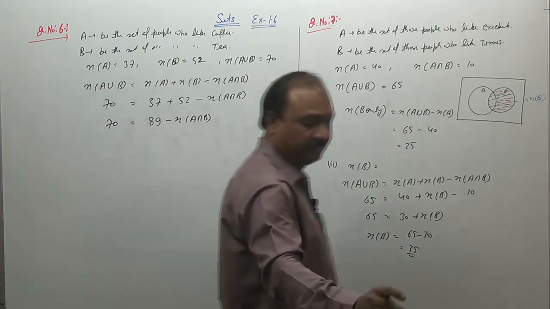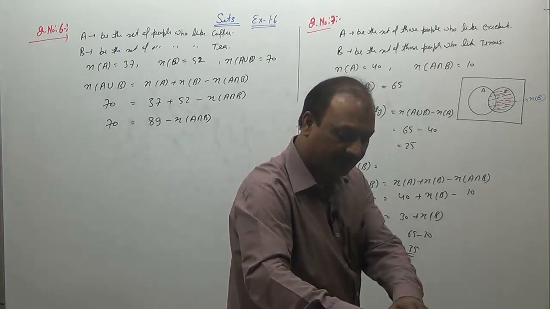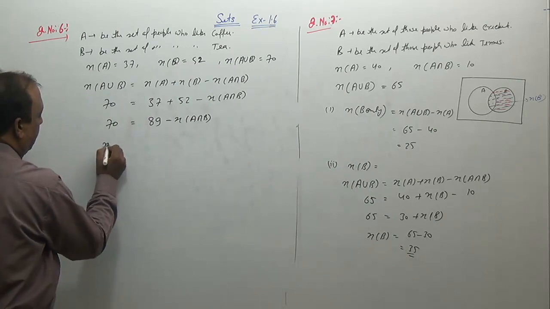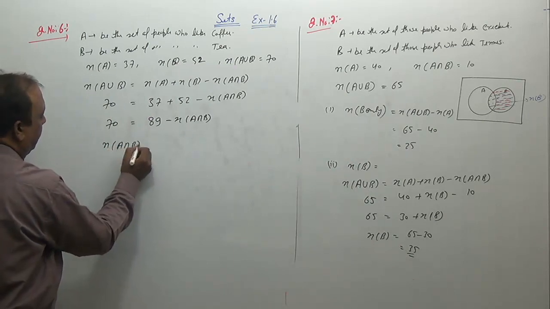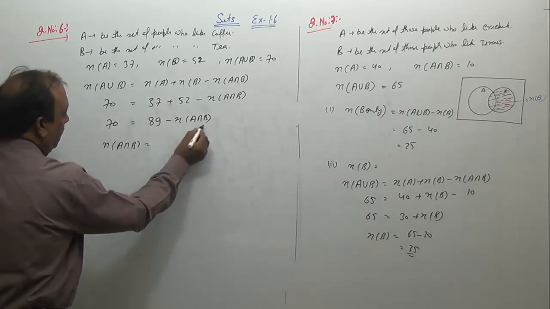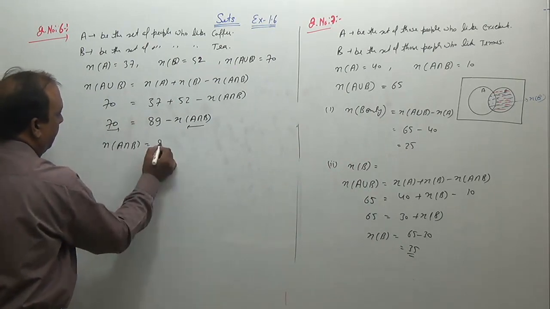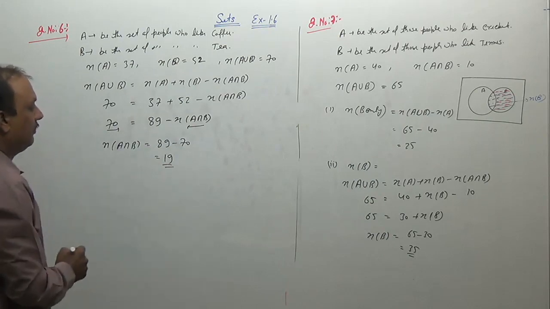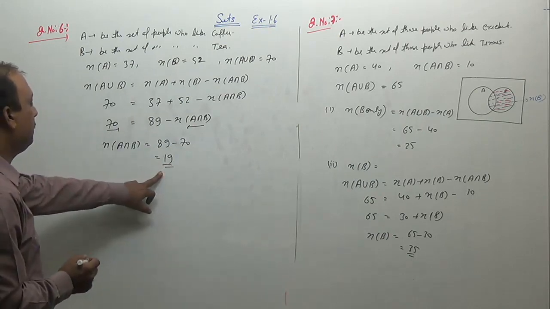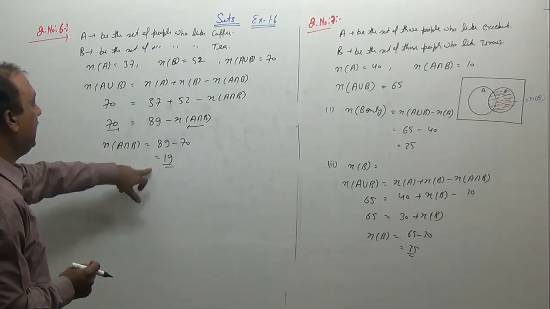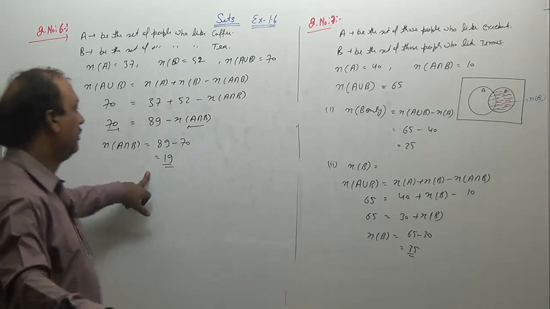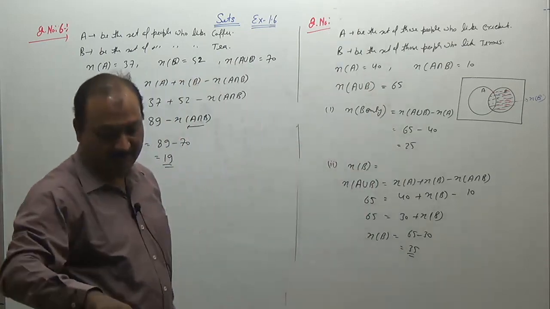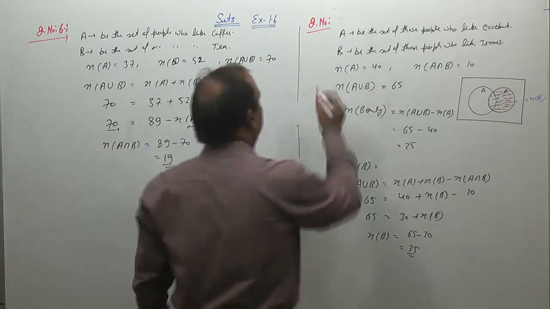So 37 plus 52 is 89. So n(A intersection B) is, transferring this over, 89 minus 70, which is 19. So these 19 people are those who are taking tea and coffee both. So this is question number 6. Now we solve question number 8.